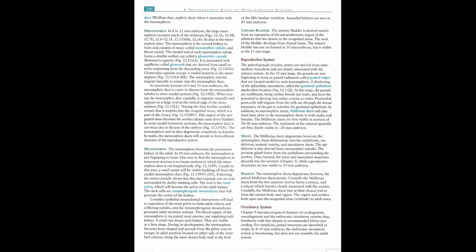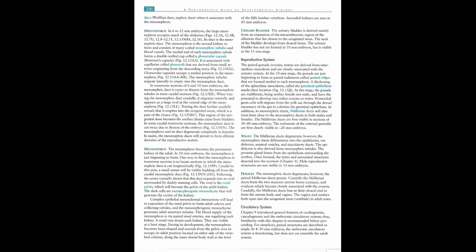They are visible at a later stage. During its development, the metanephros becomes bean-shaped and ascends from the pelvic area to occupy its adult position located on either side of the vertebral column, along the inner dorsal body wall at the level of the fifth lumbar vertebrae. Ascended kidneys are seen in 85 mm embryos.